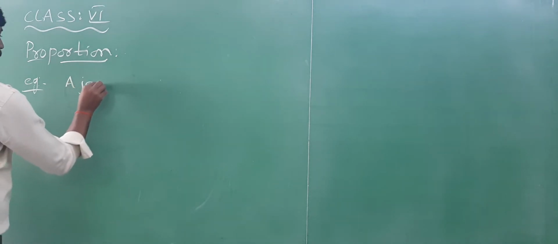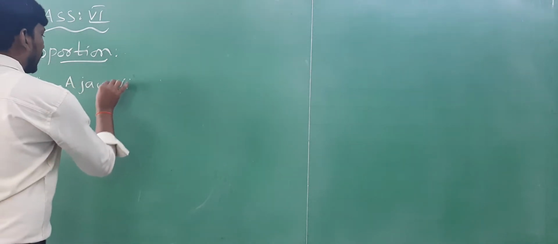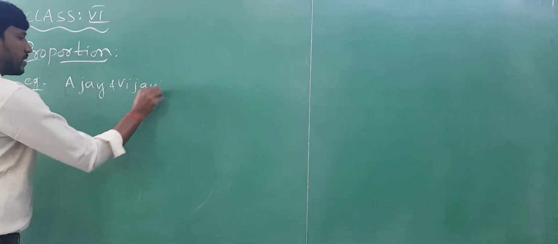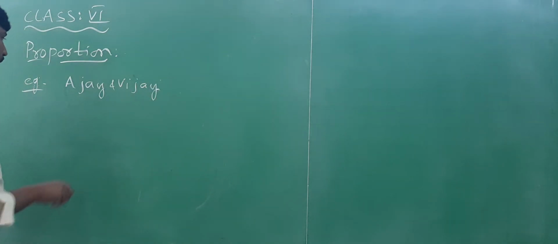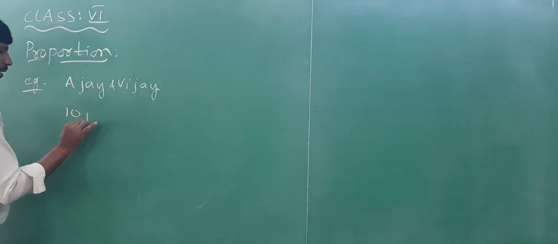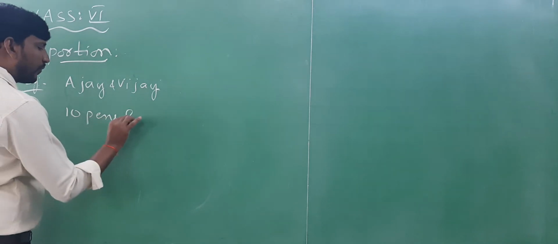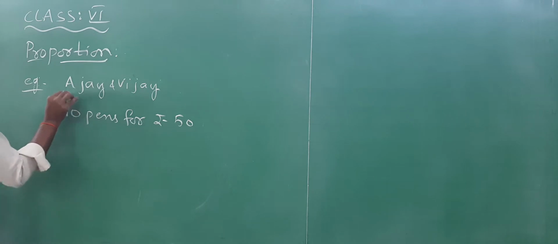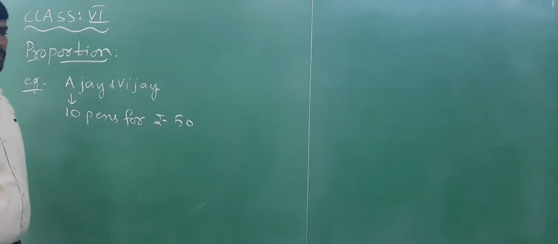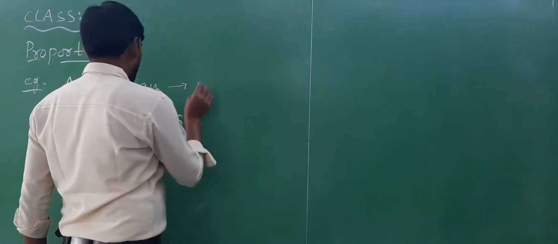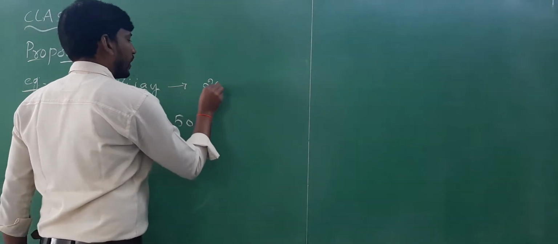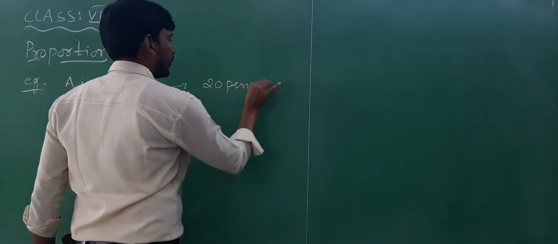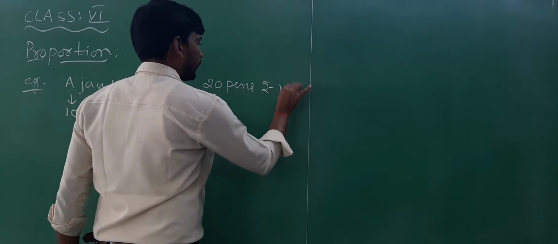Ajay and Vijay are two friends. Ajay bought 10 pens for rupees 50, whereas Vijay bought 20 pens for rupees 100.